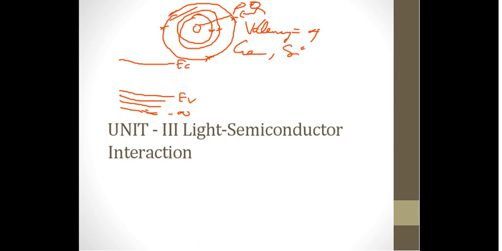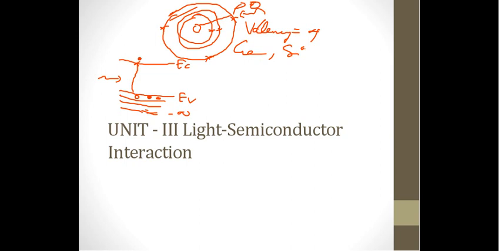So you have the electrons here first. When they move to the conduction band, it forms a hole here, right? These things we have also discussed. In the first two units we discussed that when heat energy is applied, the electron will move.